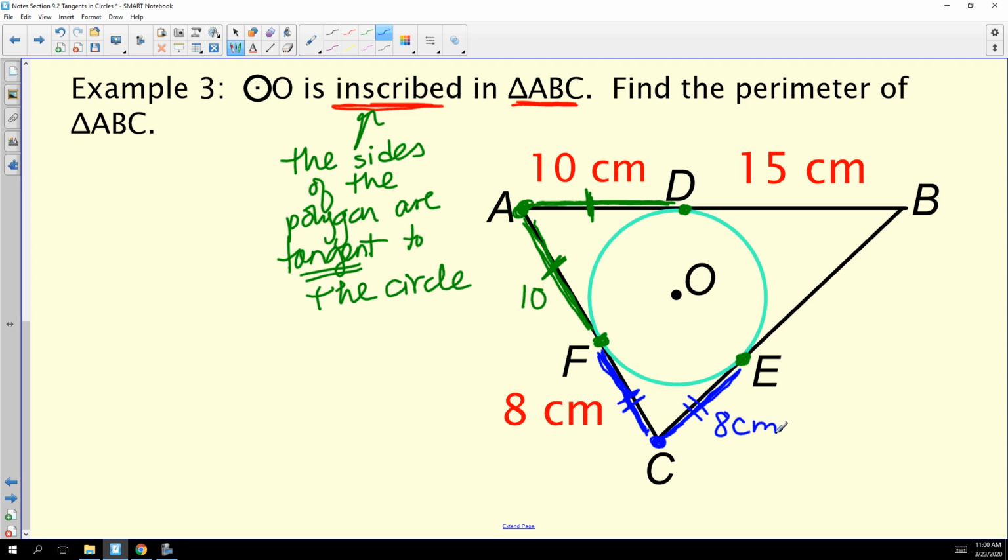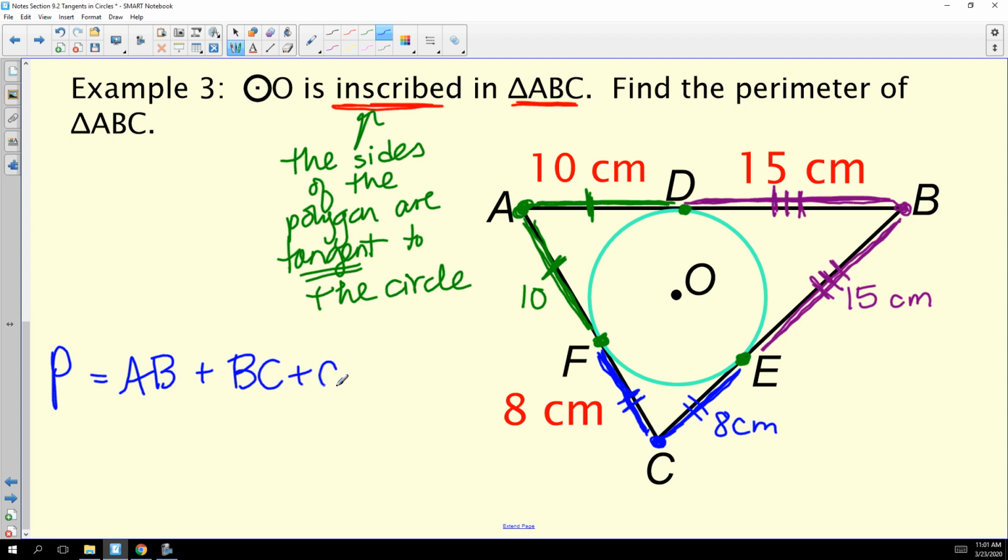Finally, we have another point outside the circle, point B, with a tangent segment BD touching at point D and a tangent segment BE touching the same circle at point E. So the length of BD has to be equal to the length of BE, or they're congruent. So that's also 15 centimeters. Then recall that perimeter is the sum of all the sides: AB plus BC plus CA.